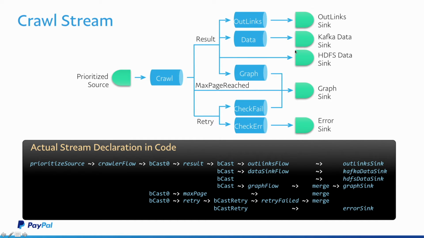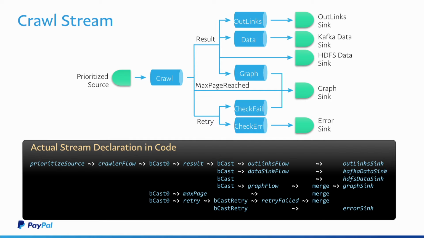We save the data as raw data in HDFS. I think we are not doing that anymore as I speak today, but this is a couple of weeks old, right? Then there is a graph database. So we send out a topology saying document A links to documents B, C, and D, and D links to E, F, and G, right? That creates a kind of graph structure. And that all goes into the graph sink, which then connects to a graph database in the back.